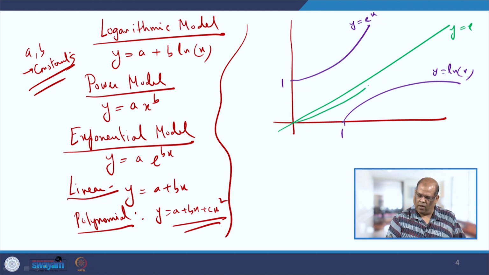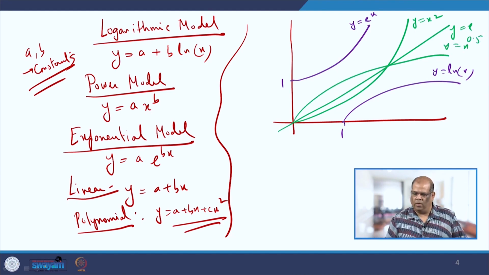I can have a parabolic one, y equals x square. Then I can have a power graph, y equals x to the power 0.5. All of them coincide at this point, which should be (1, 1), but anyway. So, the idea is how to choose equations like this.